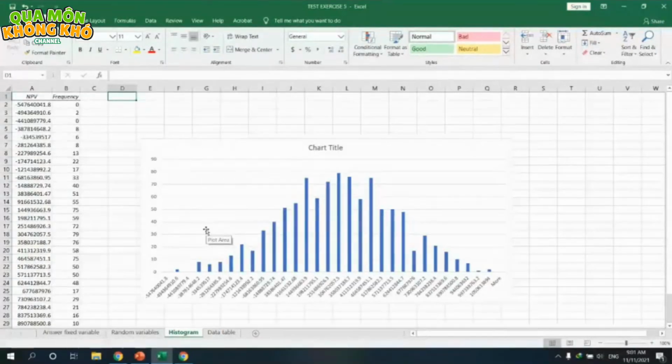So we can estimate the probability of the NPV being less than or greater than a specific number.